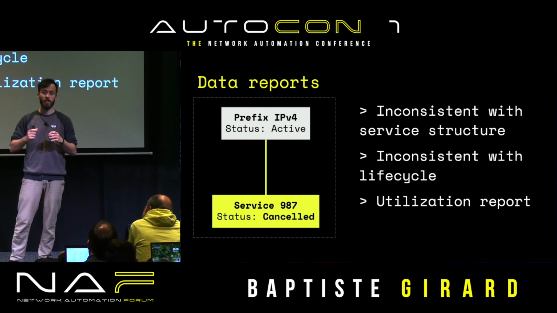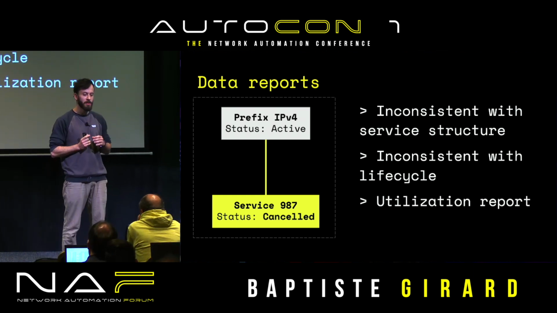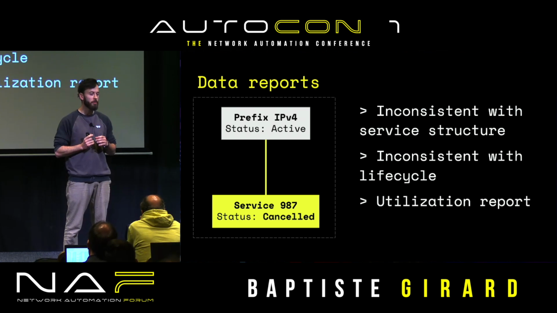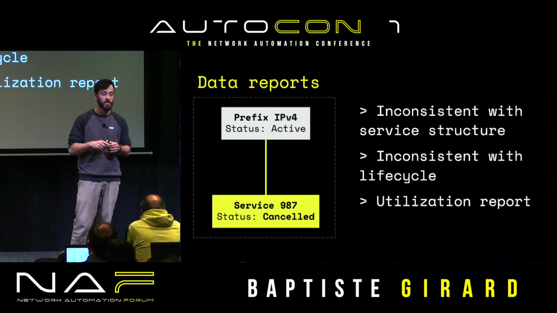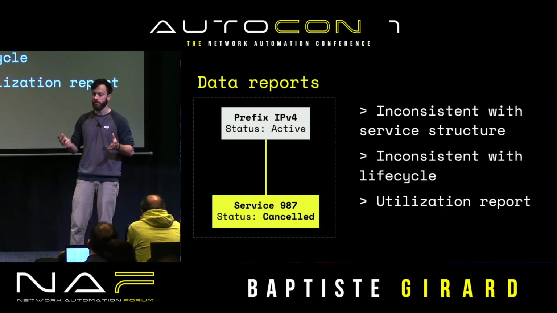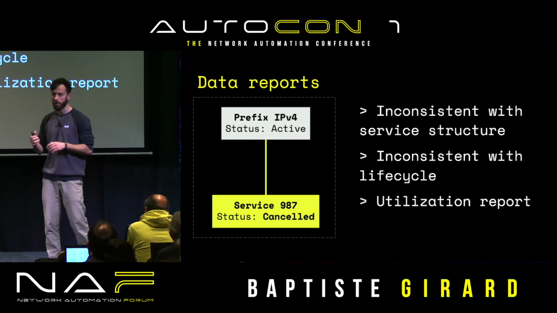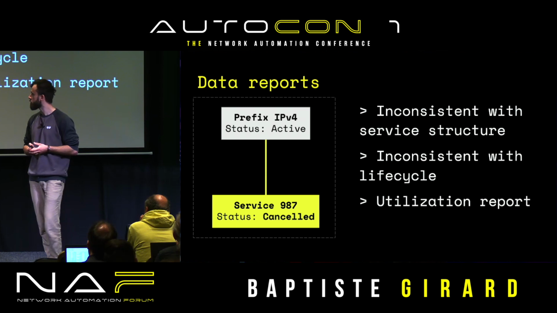That gives us a contractual utilization of our circuits. And this is key when you want to put together a policy such as we don't oversell our circuits. You need this kind of data to back you up on these policies. Or if you want to oversell your circuits by 200%, that's what you need, this contractual utilization.